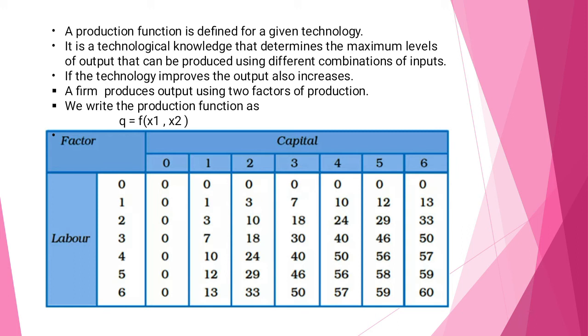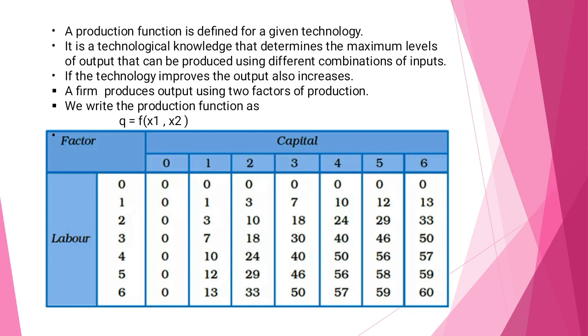A firm produces output using two factors of production. We write the production function as Q = f(x1, x2). x1 denotes labor and x2 denotes capital. A numerical example of a production function is given in this table.